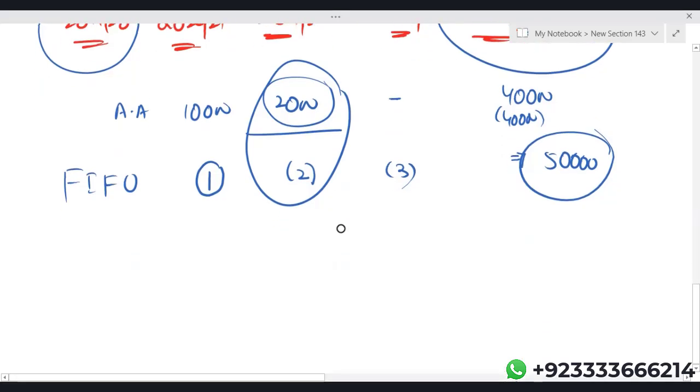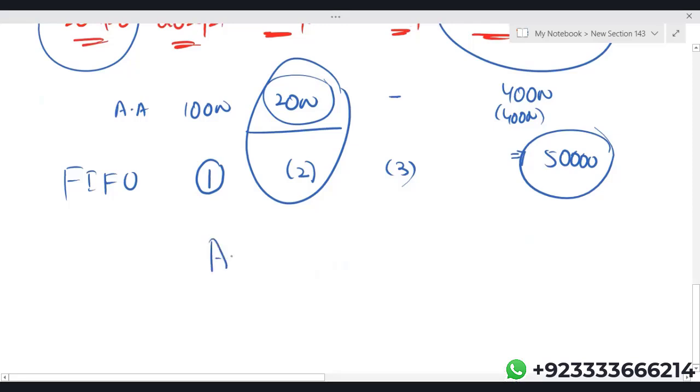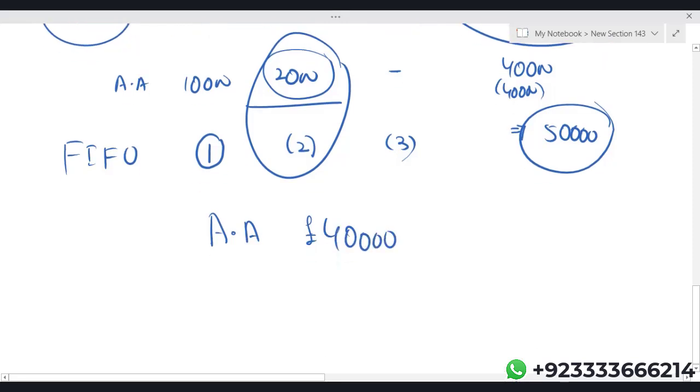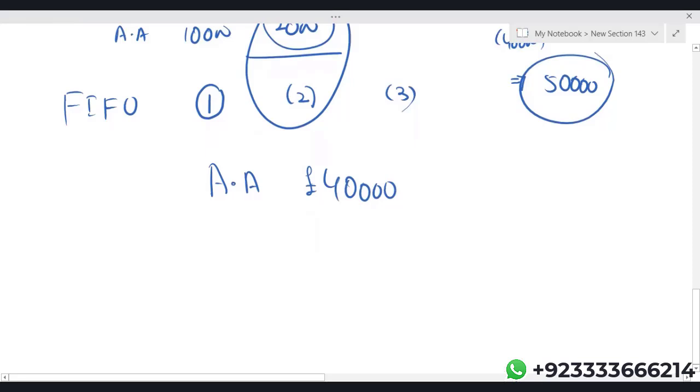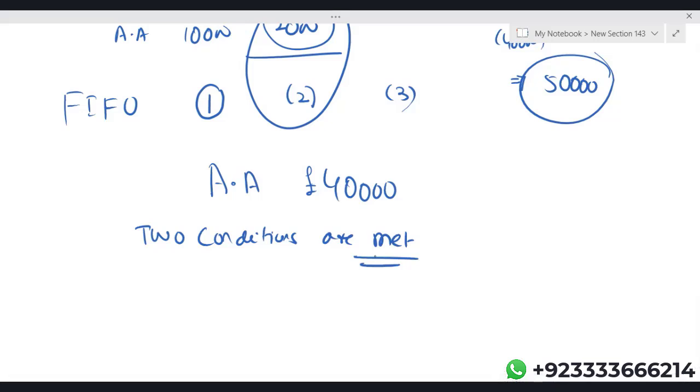Now, a very important concept: for pension, the annual allowance limit is 40,000. But when 2 conditions are met, the annual allowance limit of 40,000 will reduce. How many conditions should be met? 2.